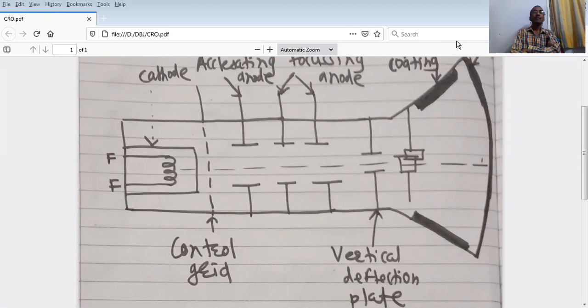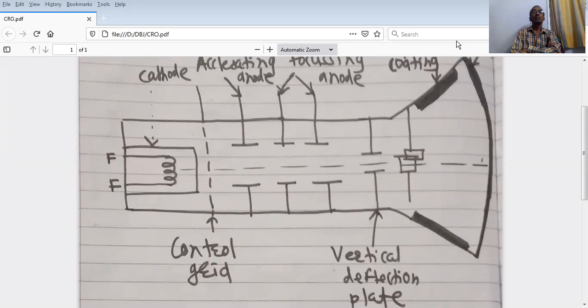Then the electrons coming out from the control grid have very low speed. To accelerate the electrons, an accelerating anode with positive potential is used, by using the property that there is always attraction between unlike charge carriers.